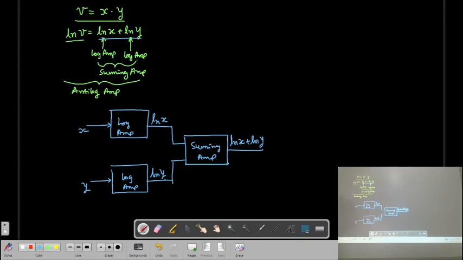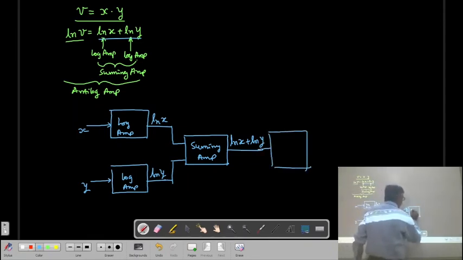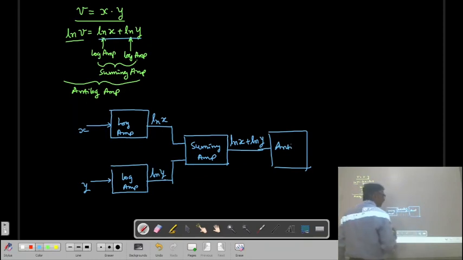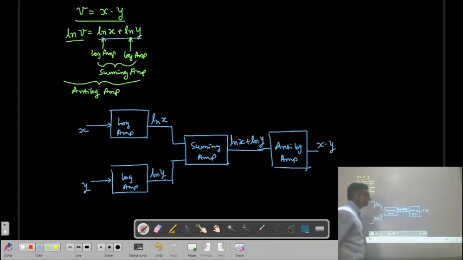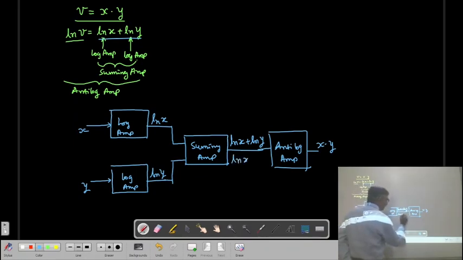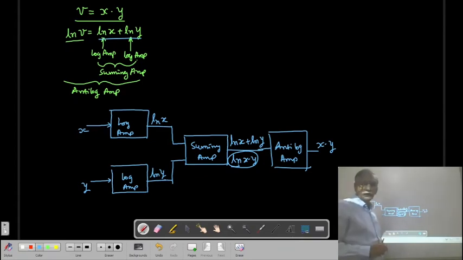So here it is in the form of the log. Now if you use an anti-log amplifier, then you will find x into y. Because ln x plus ln y is ln of x into y, and if you take the anti-log of this, you will get x into y. So in this way, you can multiply two voltages by using a log as well as an anti-log amplifier.